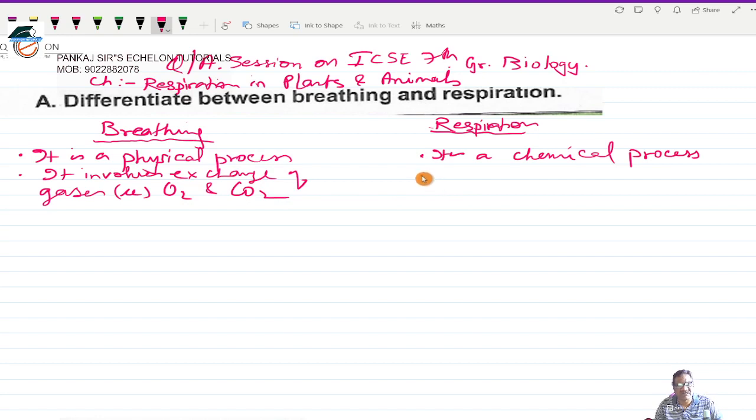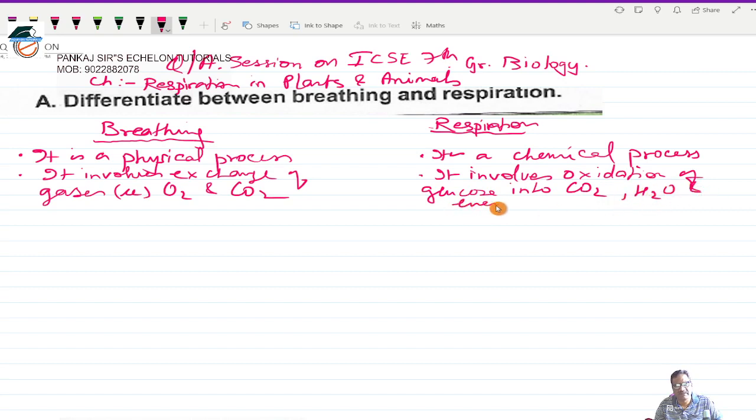Now respiration is not exchange of gases, but it involves oxidation of glucose into carbon dioxide, water, and energy. Okay, fine. These are the 2 points.